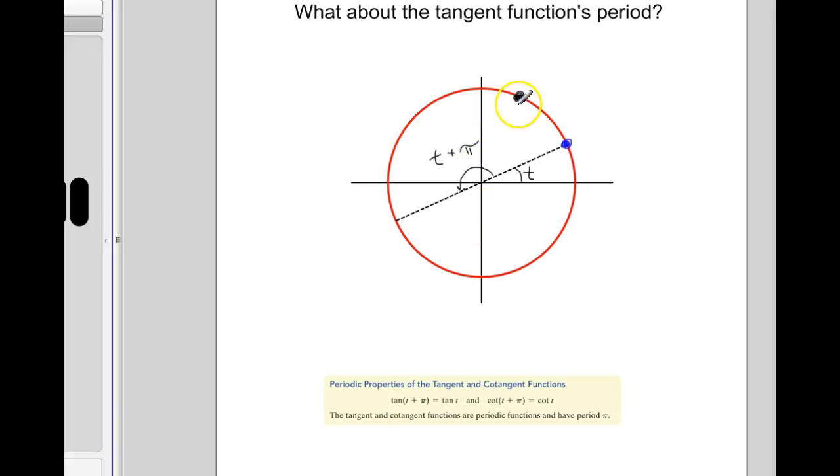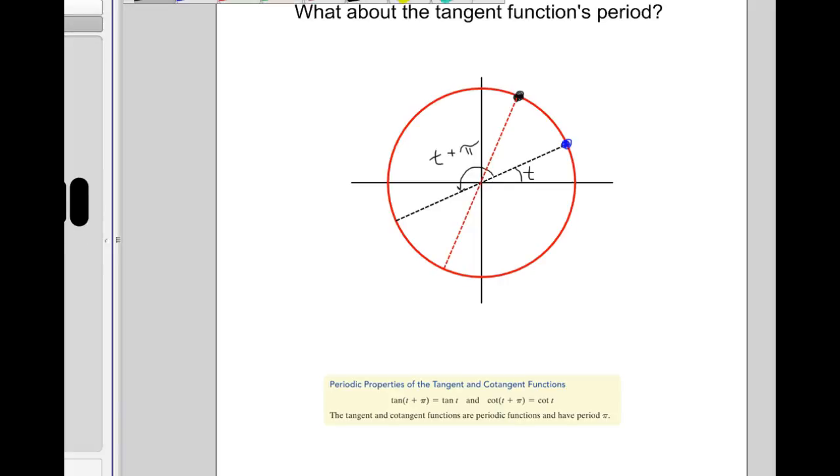Okay, now this is where the other one's coming into play. Is that always going to be true? So let's start from the other one. I'm going to color this one red. So there's my initial side for this one. How much do I need to rotate until I get the same exact slope? Well, like I said before, I can just go right back through the origin, because that line is still this exact same line, so they have the same slope.